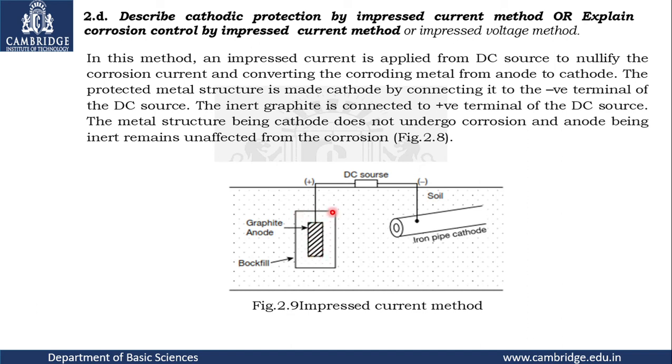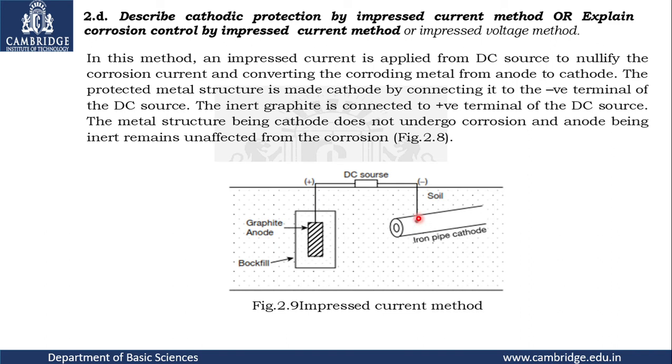Now this is a steel pipeline, or in place of the steel pipeline, I can also imagine an oil tank or a petrol tank which is buried under the ground. My objective is to protect this structure from corrosion.